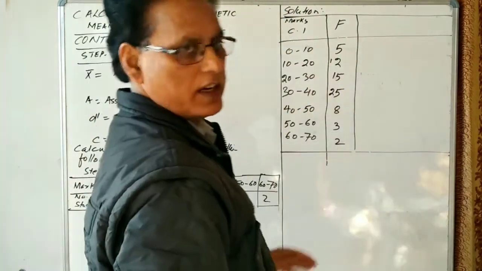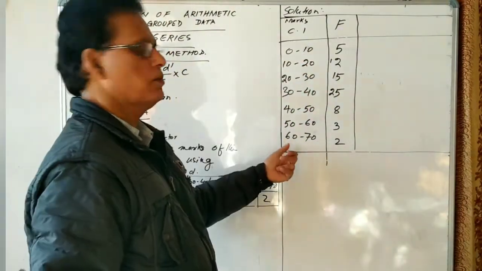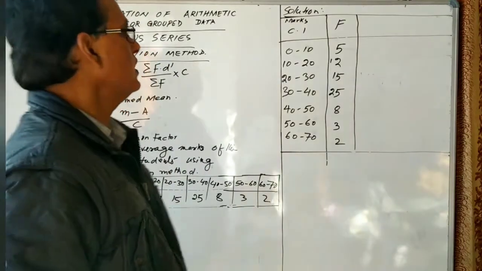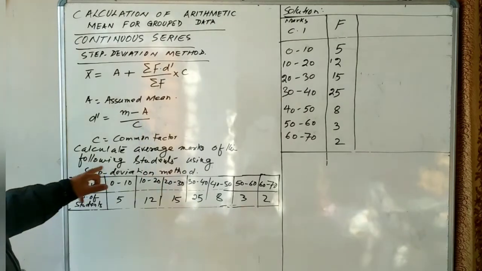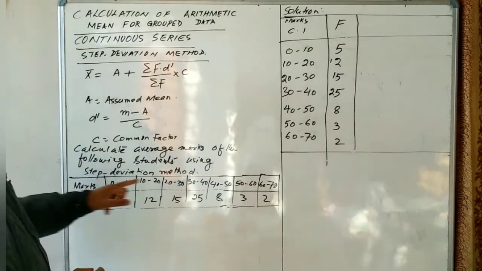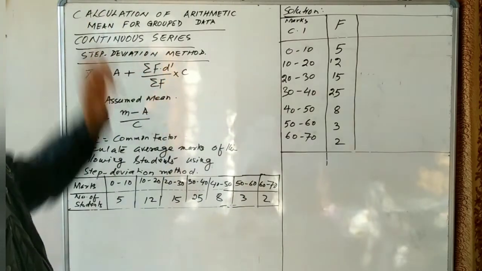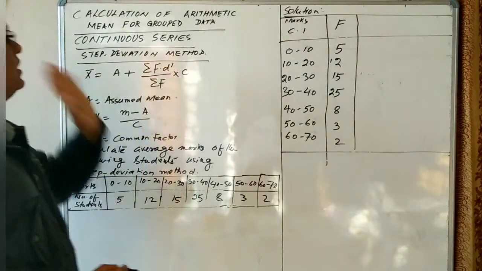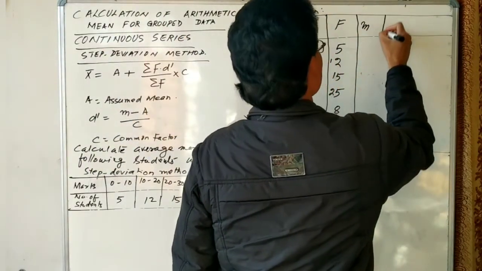It means 5 students have got the marks between 0 to 10 and 2 students have got the marks between 60 to 70, and we have to find out the mean marks or average marks of the students. So we can use this formula. We have to find out d dash. D dash is equal to m minus a divided by c. We have to find out m. M means mean value.